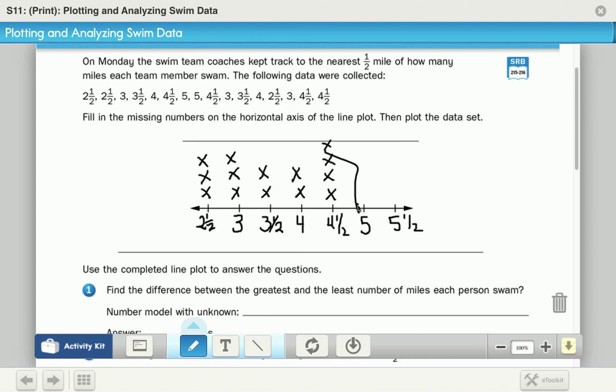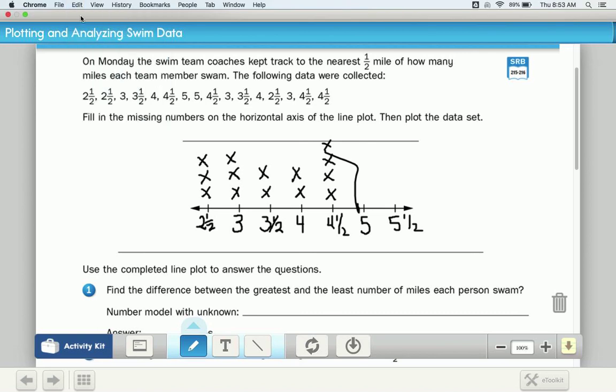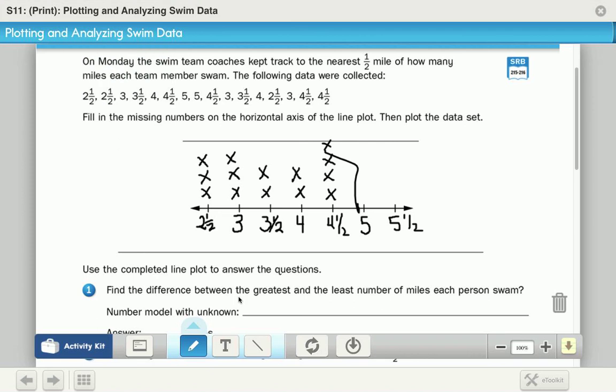Whoa. Do not know why I did that. I do not know how to get rid of that, so it's going to stay there. How many 5s? I have 1, 2 5s.